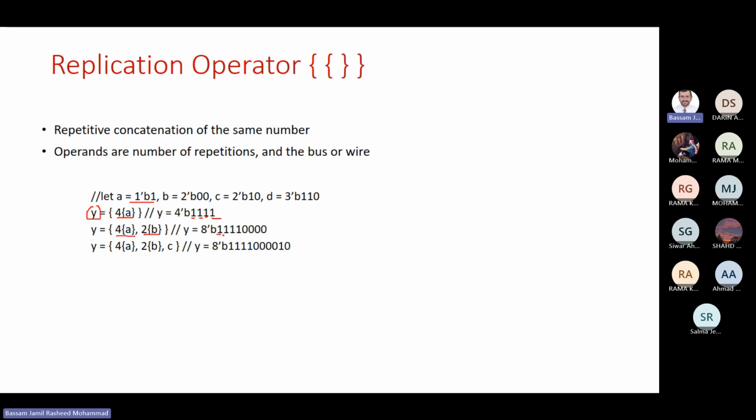So A, and 2 B's: this is 1 B and this is 1 B. And then add another C, which is 0 1 0. This replication operator is how you gather variables and bits to create another variable.